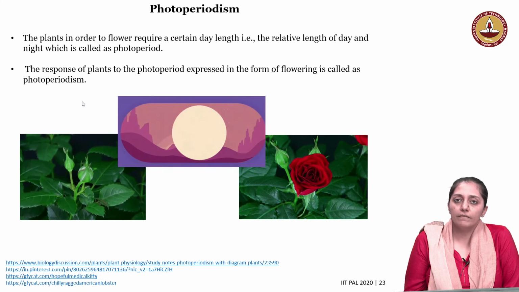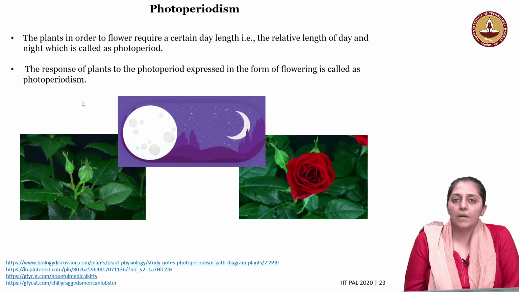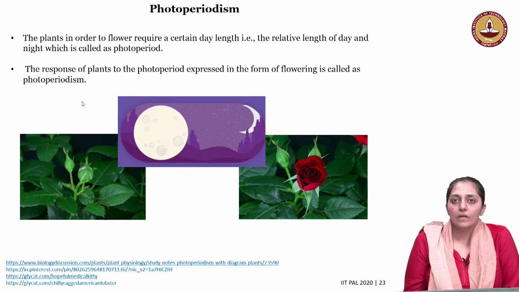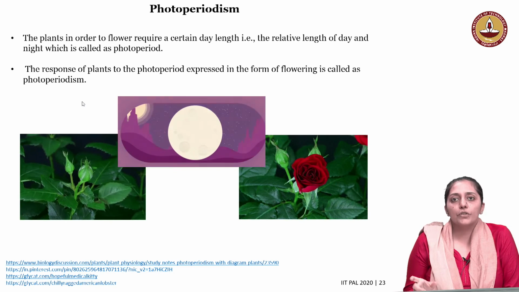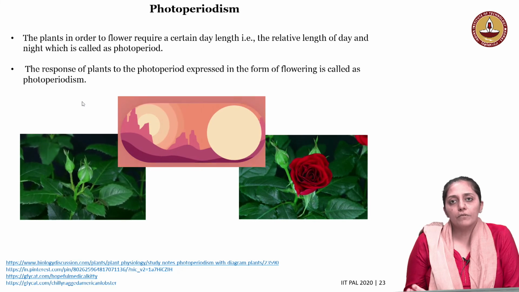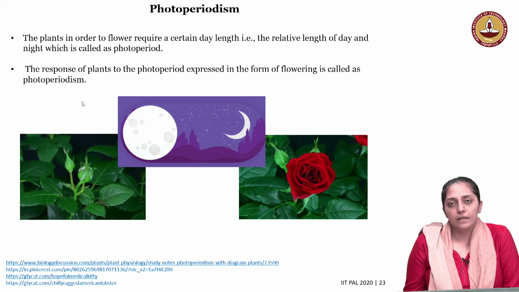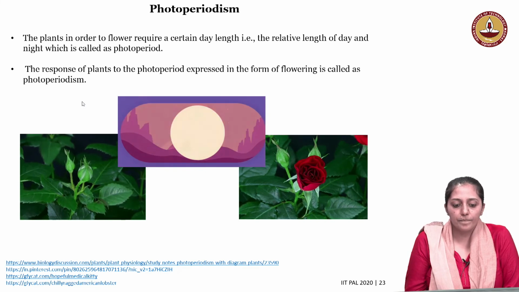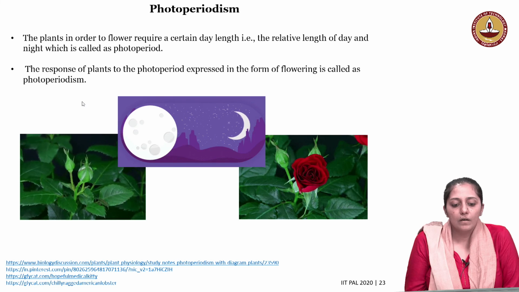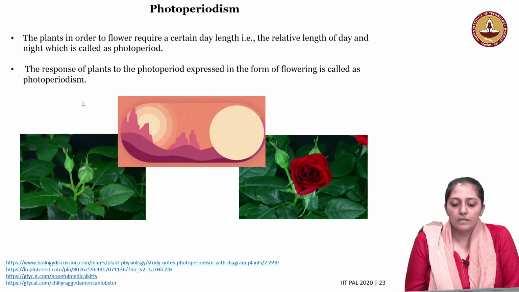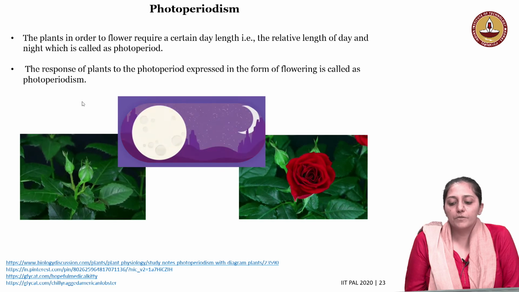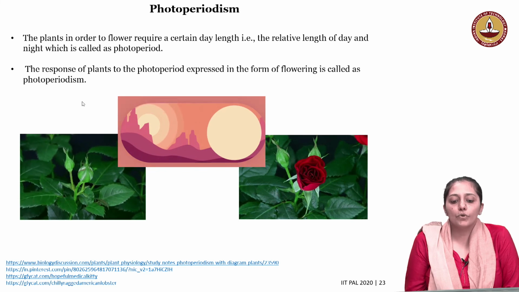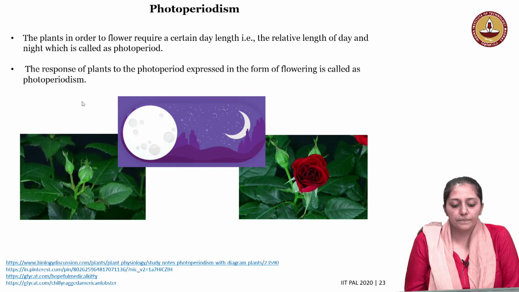Even when we do in vitro cultures of the plants or the plant tissues or cells, we ensure that the optimal photoperiod is maintained for maximum growth rates to happen in plants. So, the response of plants to the photoperiod expressed in the form of flowering is called photoperiodism in nature.